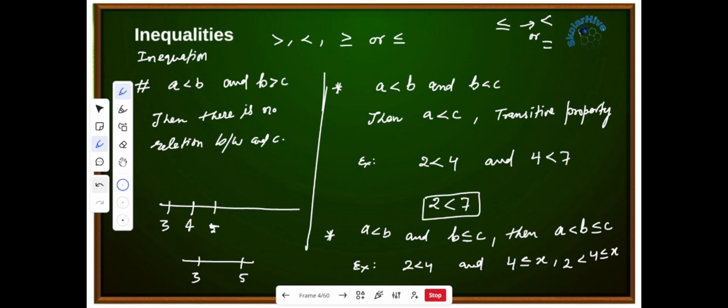And the second thing that I have taken is 4 is less than 5. Then we can't find any direct relation between 3 and 4. So let's see how we can get it.